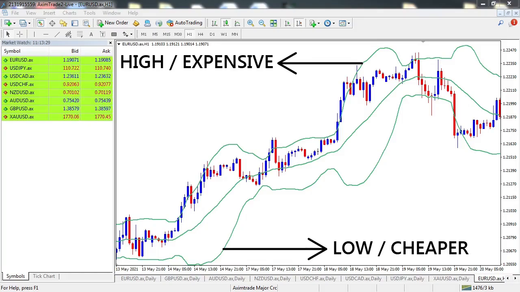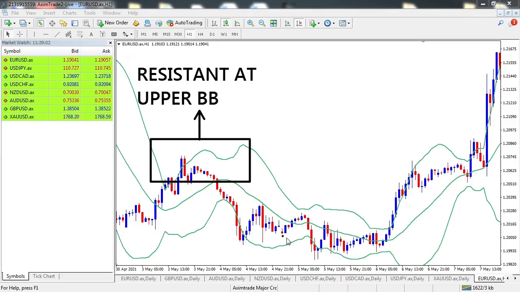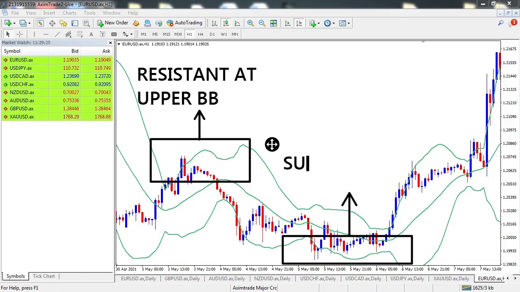From a technical point of view, trading towards the outside bands offers technical evidence of resistance at the upper boundary and support at the lower boundary. However, this alone does not provide relevant buy or sell signals.